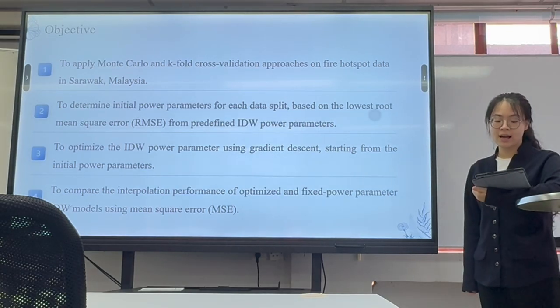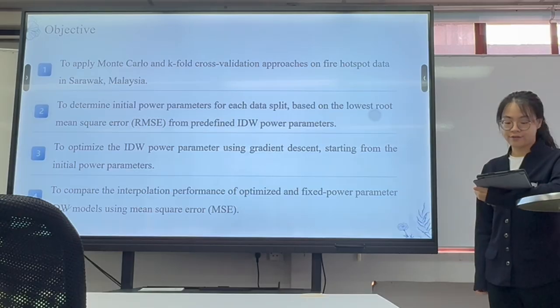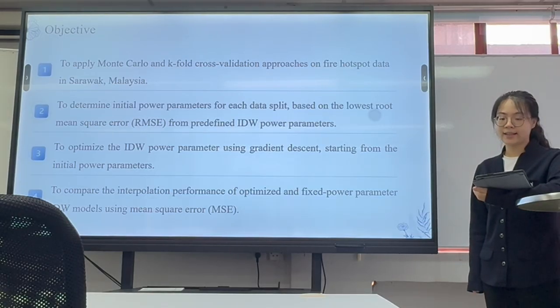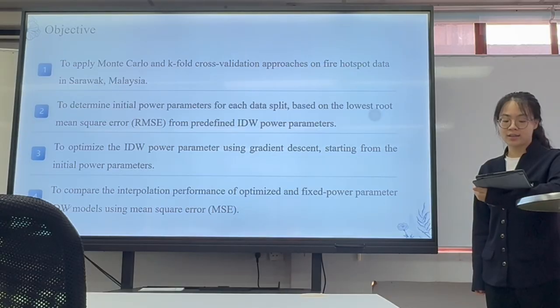Given this issue, here are 4 objectives. First, to apply Monte Carlo and K-fold cross-validation approaches on fire hotspot data in Sarawak, Malaysia. Then to determine the individual power parameter for each data split based on the lowest root mean square error from predefined IDW power parameters.